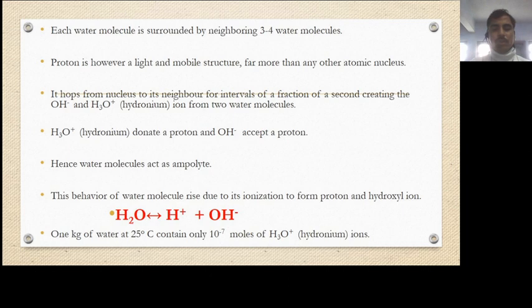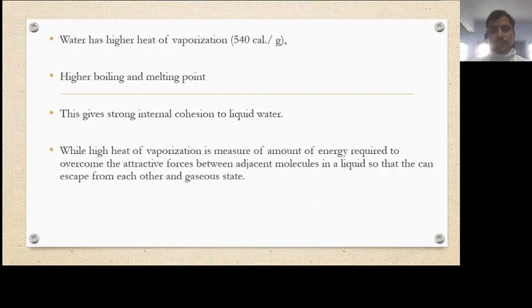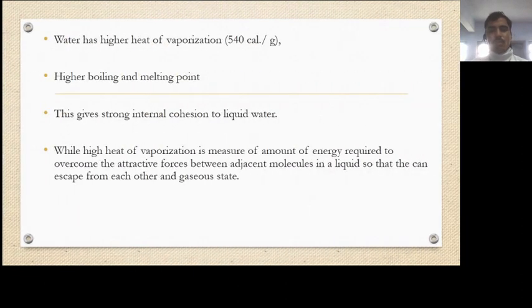1 kg of water at 25 degrees Celsius contains only 10 raised to minus 7 moles of hydronium ions. Water has a higher heat of vaporization, that is 540 calories per gram.